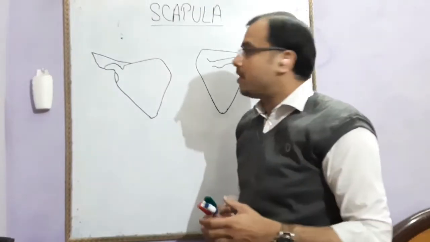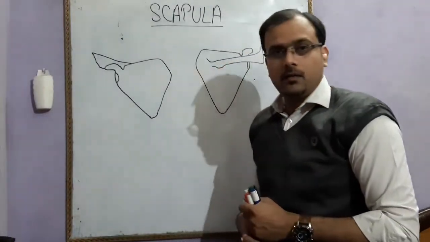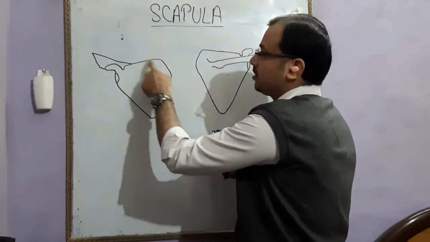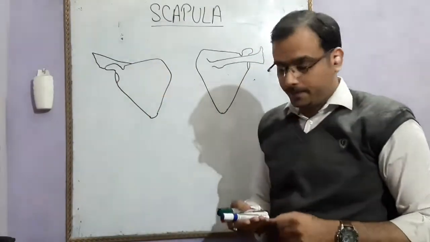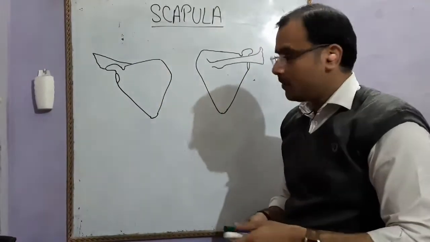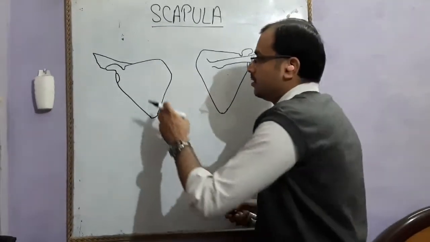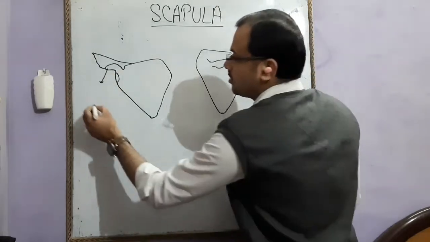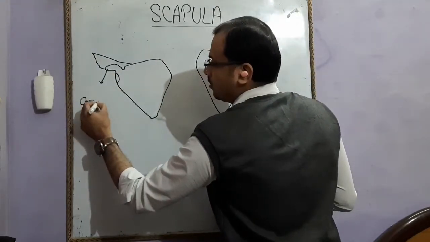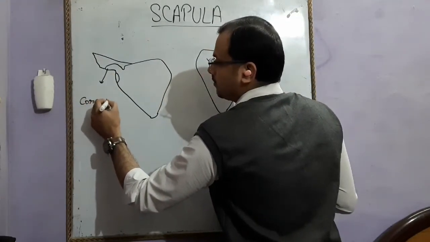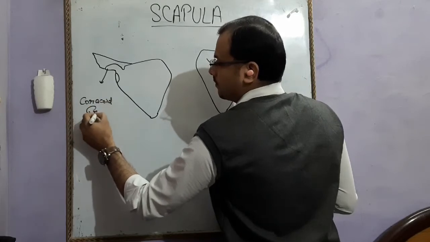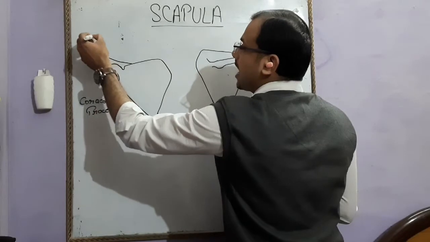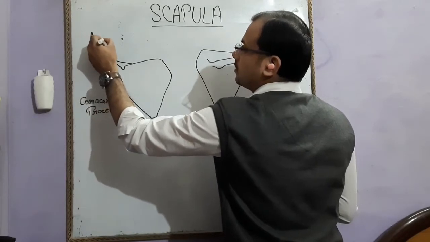If we talk about the parts of the scapula, it has a body which is triangular in shape and three processes. This one is the coracoid process. This one is the acromion process.